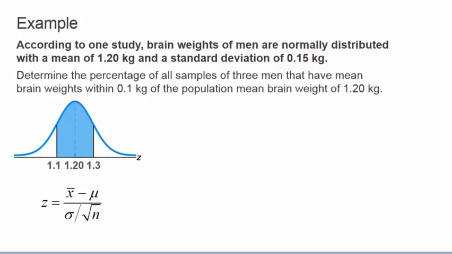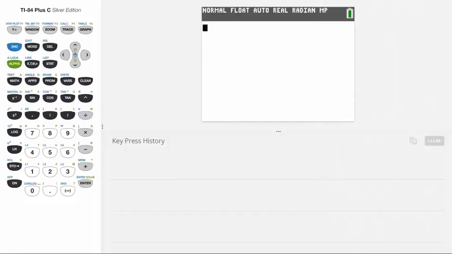Using my formula to find my z-score, z equals the sample mean minus the population mean, divided by the population standard deviation divided by the square root of n. Starting with the data point 1.1, we substitute z equals 1.1 minus 1.2 divided by 0.15 over the square root of 3. Going to our calculator, when we type this in, we need to make sure that we have parentheses around the top.